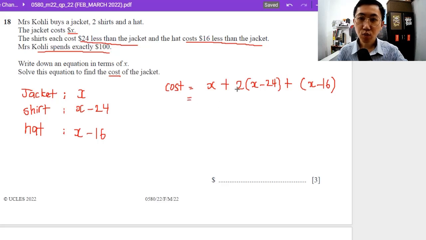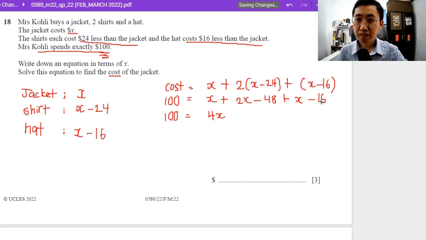Now we expand this: 2X minus 48. Here you can safely open the bracket, so plus X minus 16. They tell you the total cost is 100, so you write 100. Simplify everything: X plus 2X plus X is 4X, minus 48 minus 16 is minus 64.